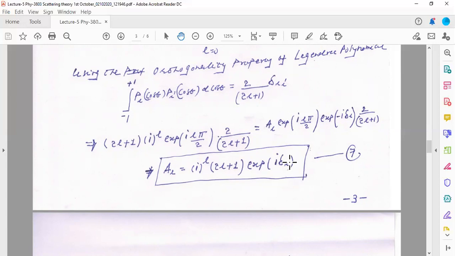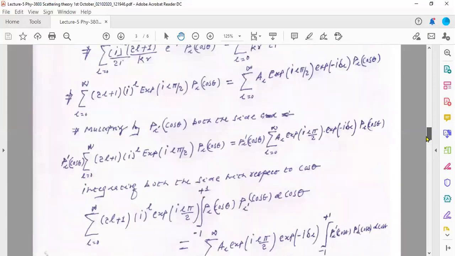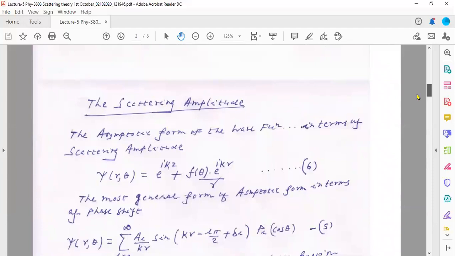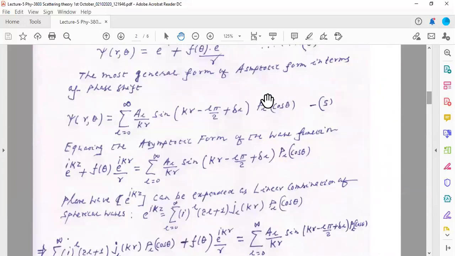Okay, so this phase shift delta_l we can find here. So this is A_l, that is A_l is the amplitude, which you can see in the equation which we wrote here, the most general solution, the general acceptable solution. This A_l is the amplitude. So this amplitude we have calculated.